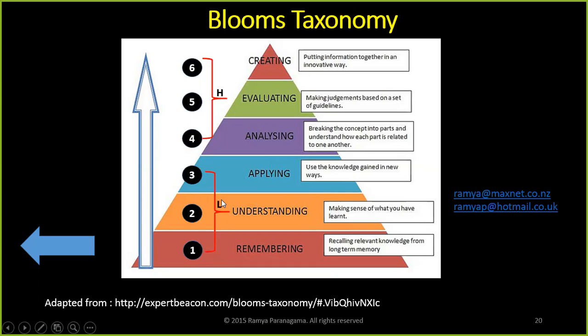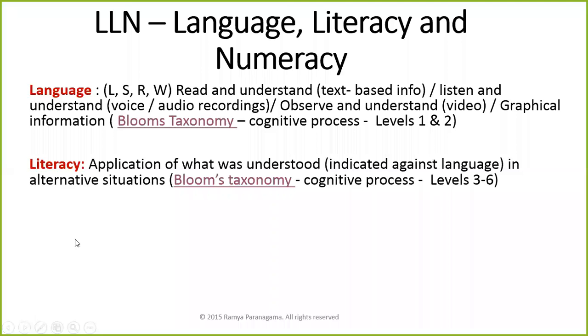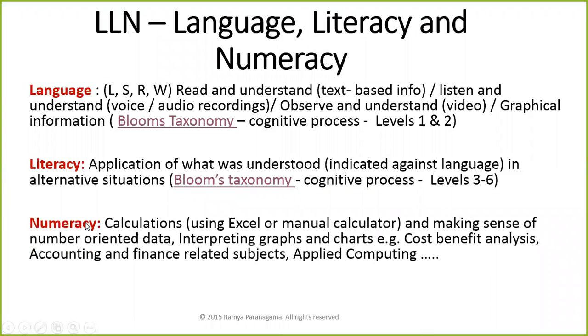So we will be comparing with this level throughout this presentation because some of the tools used here are directly connected to Bloom's taxonomy. So let's go back to where we were. Now the last item is numeracy. This was very clearly explained in the video clip, the requirement of numeracy in the workplace.